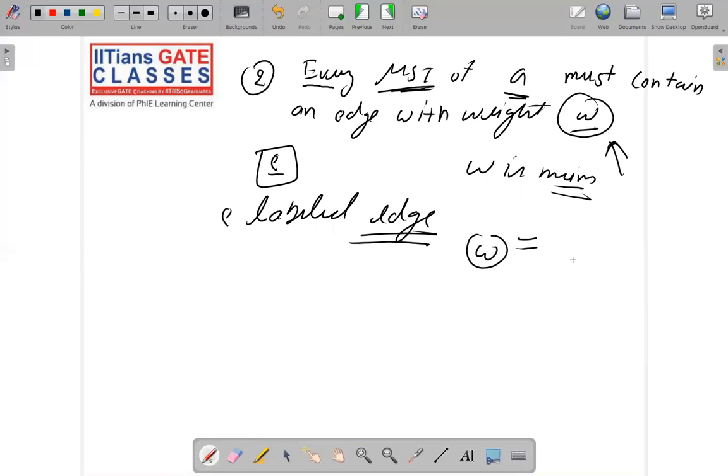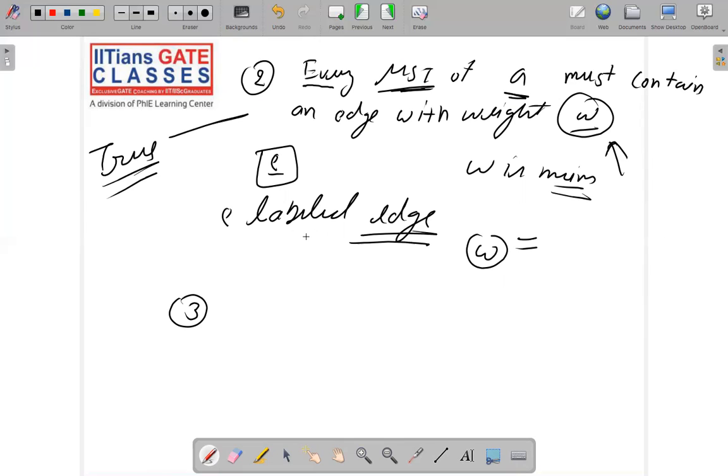You can try to draw this, and you won't be able to have a spanning tree where the minimum weight edge won't be there. If we have multiple minimum weight edges, one of them will always be part of an MST. That's what this statement says. So this is always true.